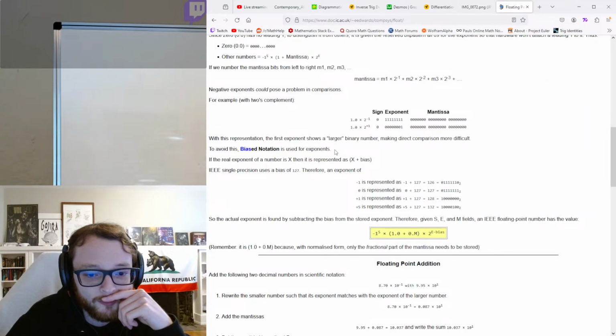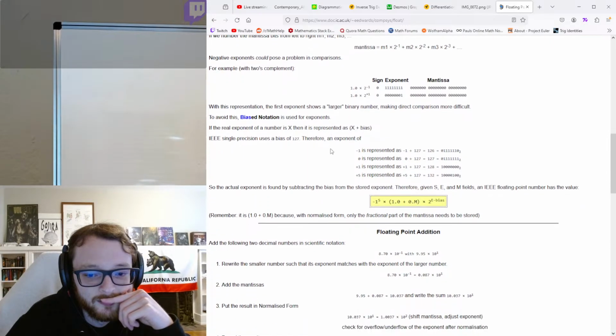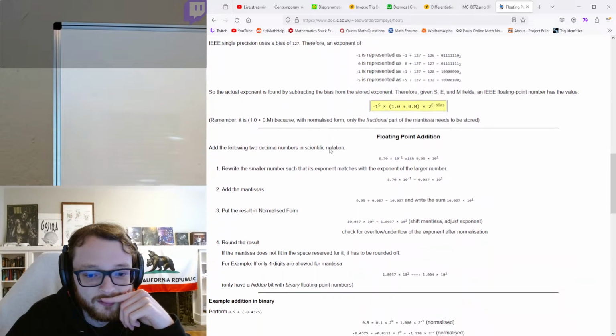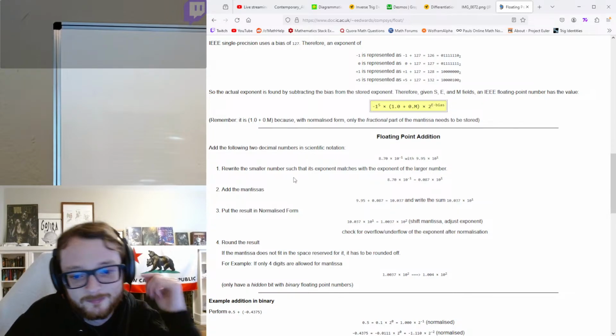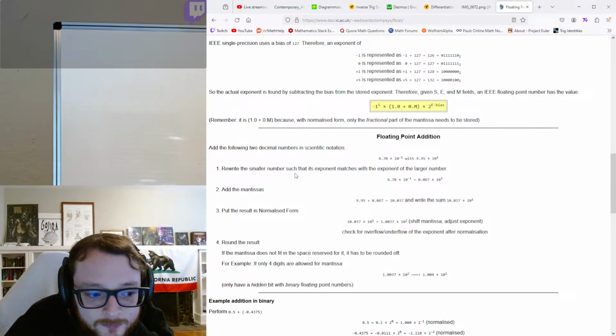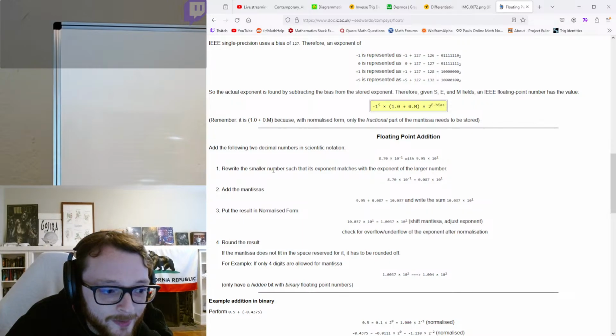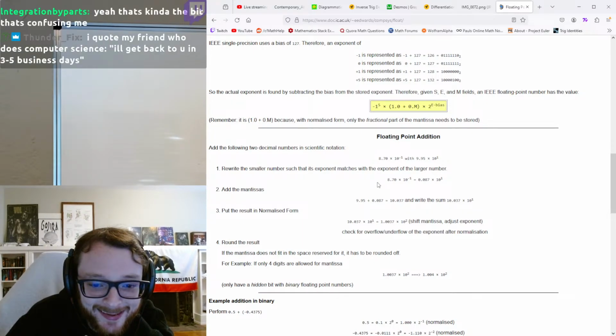Or is that just some kind of extra information? Rewrite the smaller number such that that's kind of the bit that's confusing you. Okay. Back to you in 3 to 5 business days.